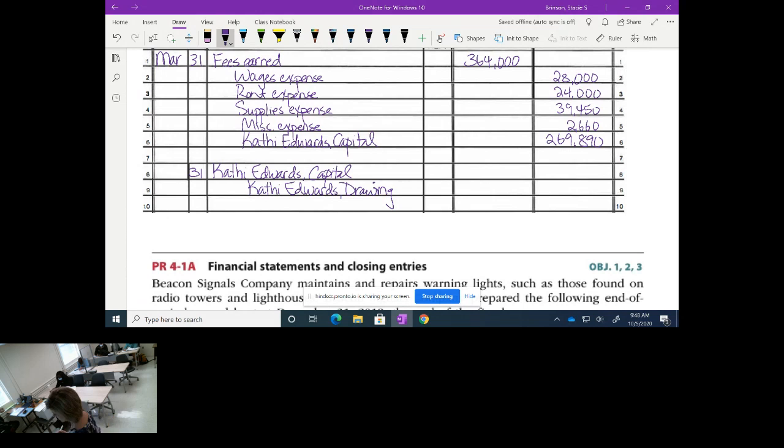Remember, we're crediting drawing because we want the balance to go away. If you start to get confused on it, remember the goal of these things is to zero out the balances. So we're gonna do the opposite of what we normally do to record transactions so that we can get rid of the balances. Does that make fair, decent sense?